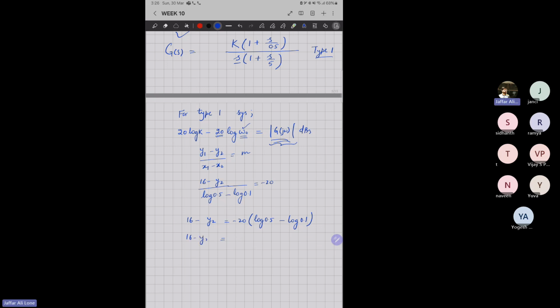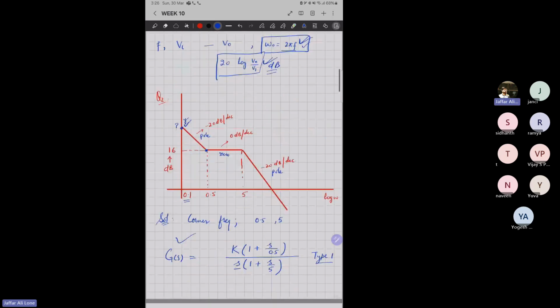When you solve this, you will get 16 minus y2 equal to minus 13.97. Then what will you get for y2? y2 will be 29.97. So you got this magnitude.